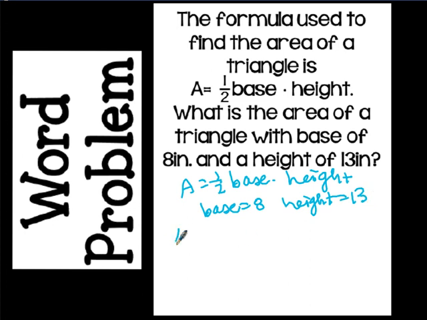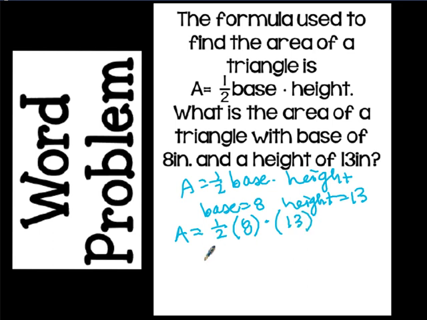So first I need to replace my variables, or in this case they use words. I need to replace my variables with the values. So the value for the base is 8, and I need to use parentheses. And then my value for my height is 13.